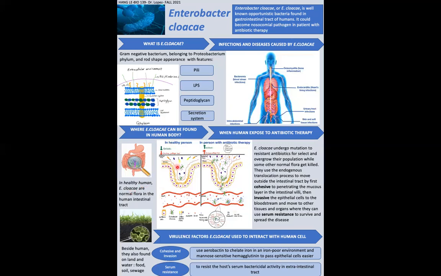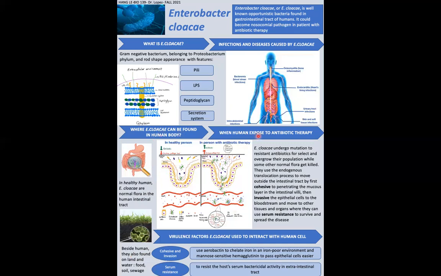The green one is the Enterobacter cloacae, and the other bacteria are yellow, orange, and so on. They can also live in insects or animals, and they can be found on land and in the water, such as food, soil, seaweed. Coming back to the human, in the normal one, they are a kind of normal flora.